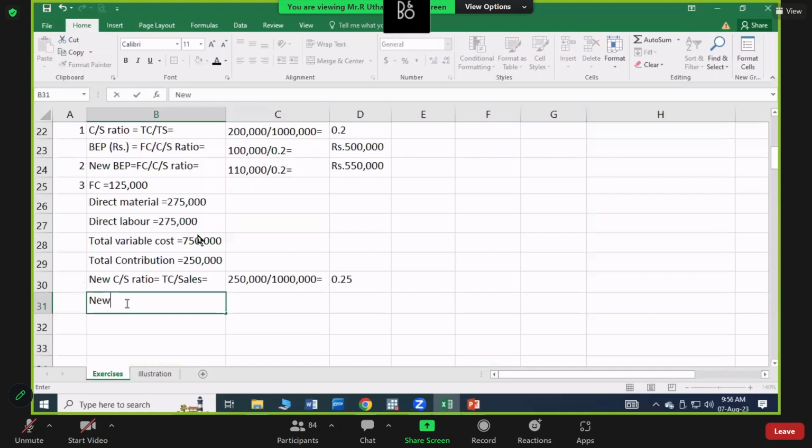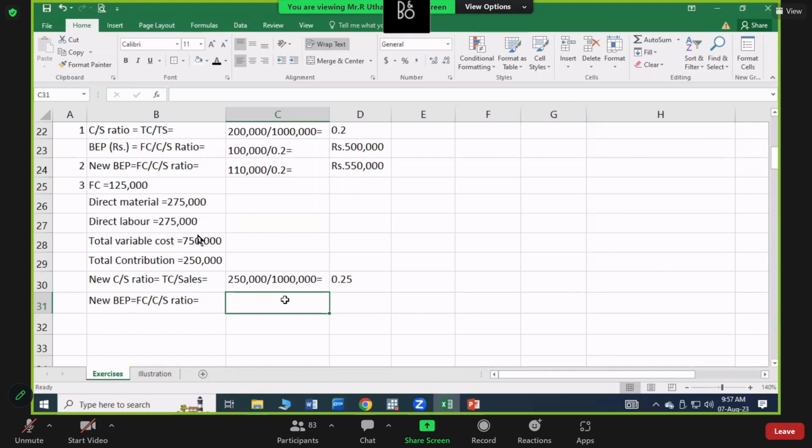The new BEP is equal to the fixed cost, 125,000, divided by 0.25. So the answer is obtained.